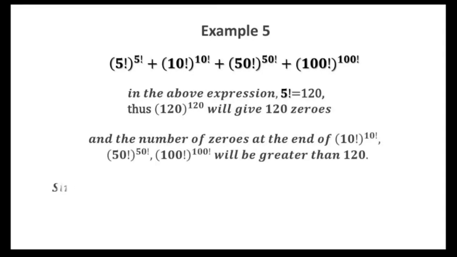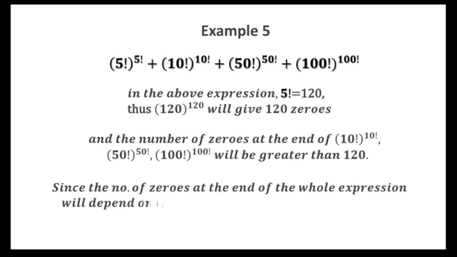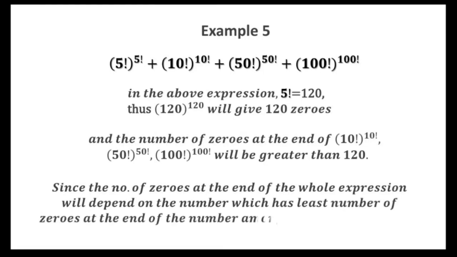Thus the number of zeros at the end of 10 factorial to the power 10 factorial, 50 factorial to the power 50 factorial and 100 factorial to the power 100 factorial will be greater than 120. Since the number of zeros at the end of the whole expression will depend on the number which has the least number of zeros at the end among the other given numbers.